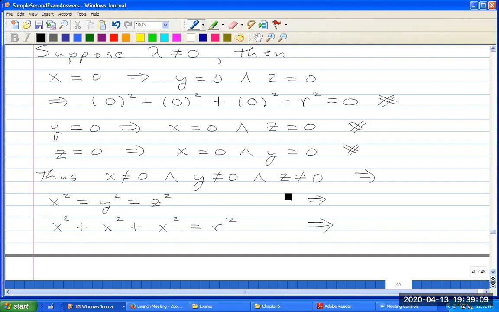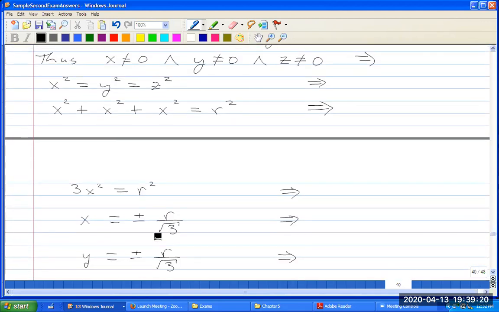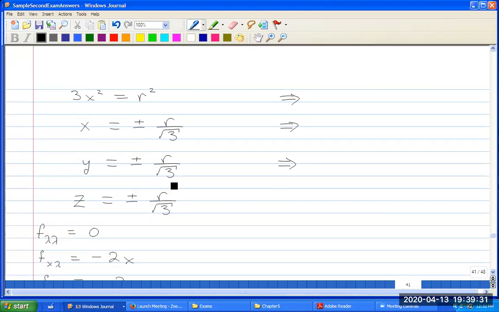And so from the above, we have that x squared, y squared, and z squared are all the same. So let's just call them all x squared. And so I get that 3x squared is r squared. So x is equal to plus or minus r over rad 3, y is plus or minus r over rad 3, z is plus or minus r over rad 3.